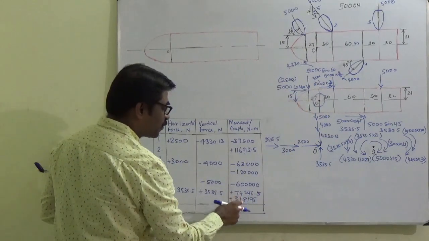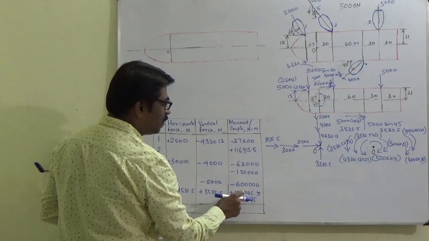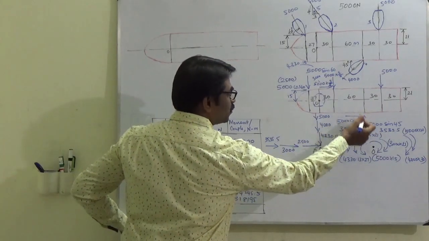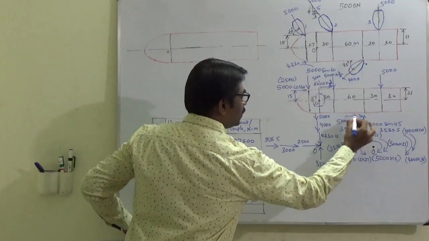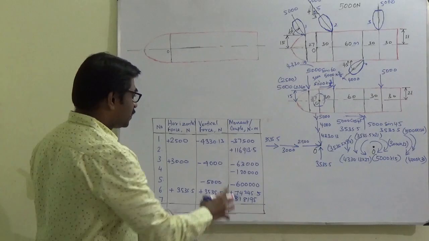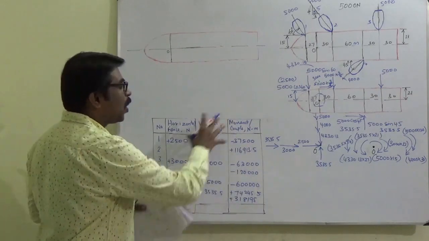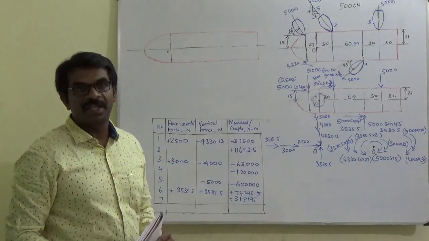Okay, and the corresponding moments. This force is producing an anti-clockwise moment, and this force is producing an anti-clockwise moment. So if you are able to write all this in a table form, you will not make calculation errors.